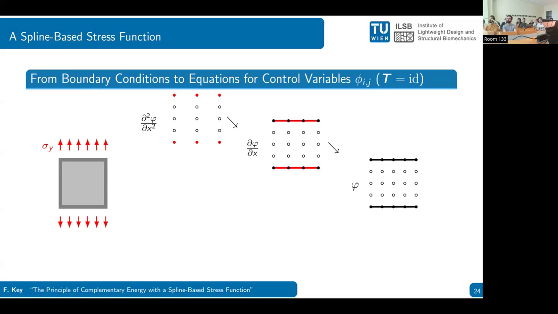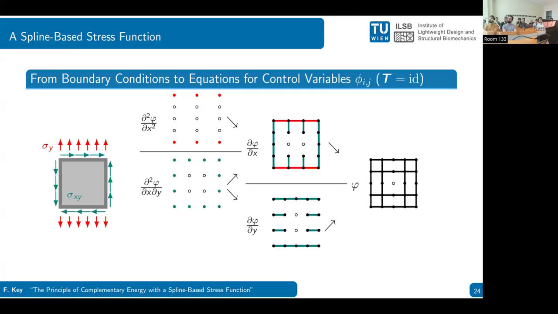And basically, from these two conditions, all the control variables for the actual spline, so no derivatives, are already prescribed. You can also do this for all the other components if they are part of some boundary conditions. And you could end up in a situation where most of these control variables are already defined with the boundary conditions. In this case, only this central control variable here is not yet determined. Everything else is already determined through the boundary condition.